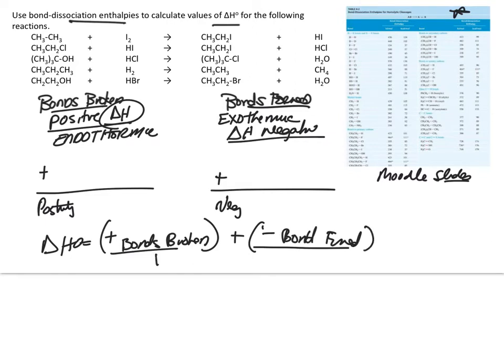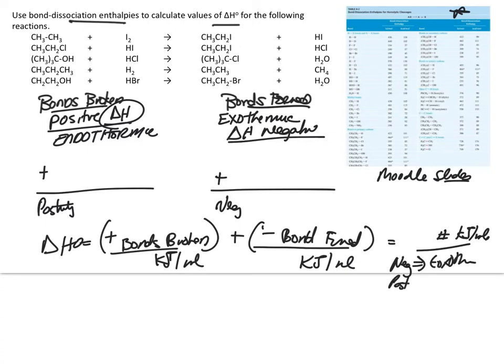This should just be kilojoules per mole. And then you'll get an overall number in kilojoules per mole. And if it's negative, then that would be an exothermic process. If it's positive, then it would be endothermic. Okay, so let's do just that.